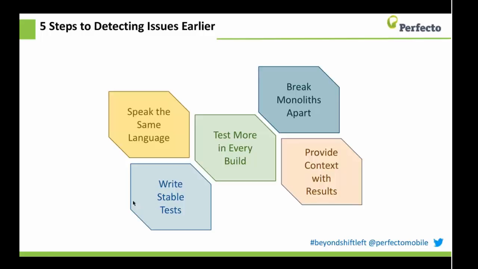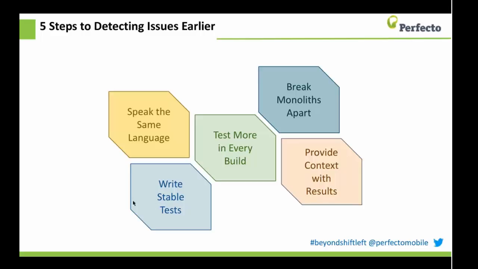deliver quality features. And that's the thing, if that's a goal, if you really want to drive acceleration in your dev teams and your quality assurance and your testing processes, you have to have some basic things set up. And that's why we've provided these 5 steps to detecting issues earlier. Think about it.